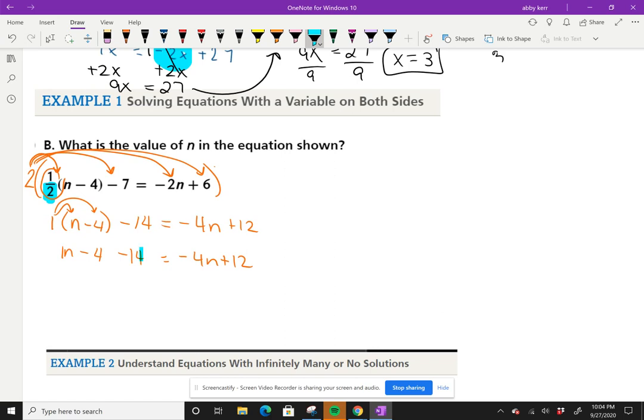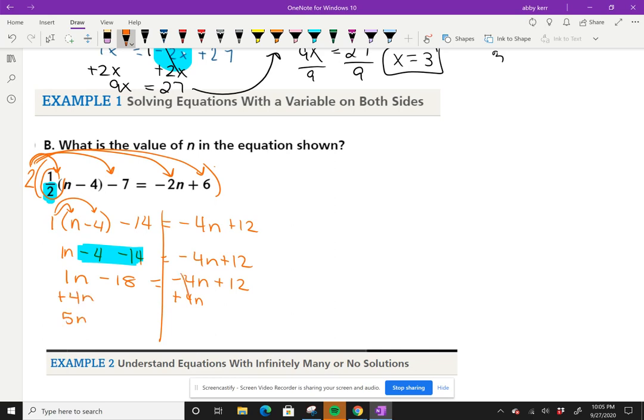Now, we can clean up this side right here. We have negative 4 minus 14, which gets us negative 18. We have 1n. And then negative 4n plus 12. At this point, I really recommend you move the variable and the number in front over to the left. So we add 4n on both sides.